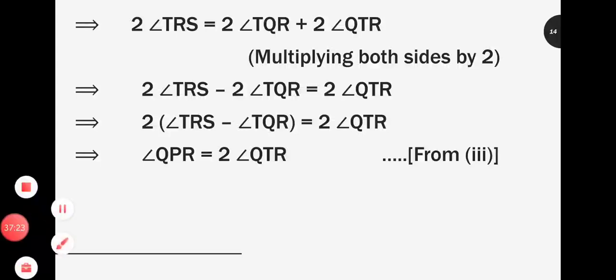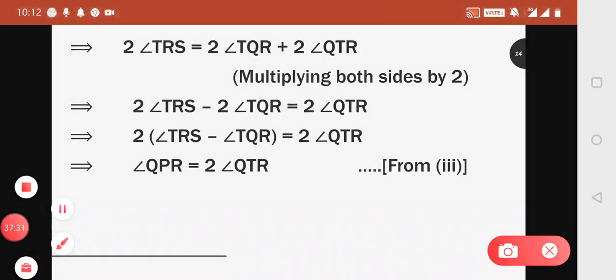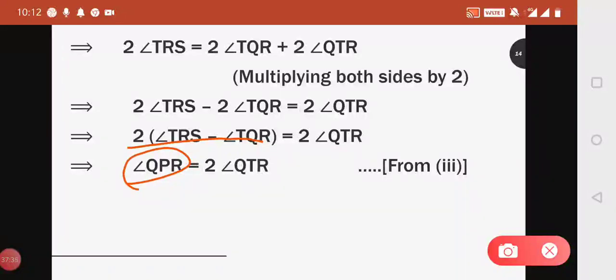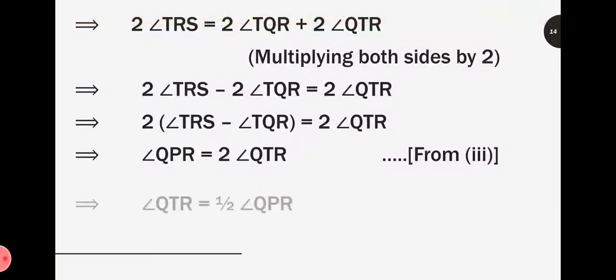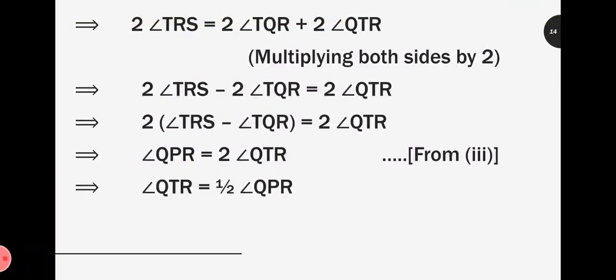That is, in place of this we have written angle QPR from equation 3. So we get angle QPR equal to twice angle QTR. Now again we transpose the 2 to the other side. So we will get angle QTR equal to half angle QPR.